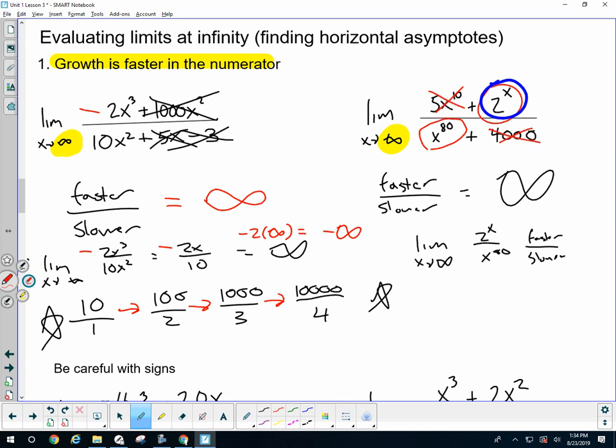So, our coefficients and our directions do matter. Your answer won't always be infinity, infinity, infinity, infinity. Here, if I just put a negative in front of this 2, all of a sudden, as I look to the right on my function, my end behavior would be going down. Okay? If I put a negative 2 in front of the x to the 80th, it would also be negative.